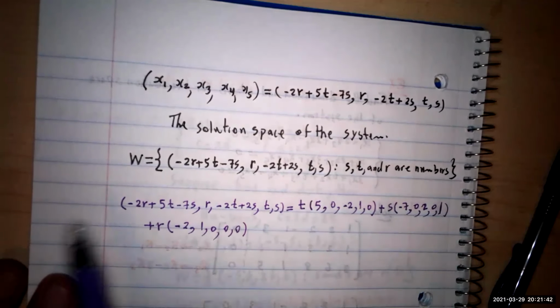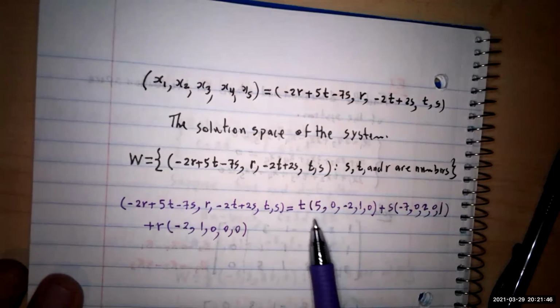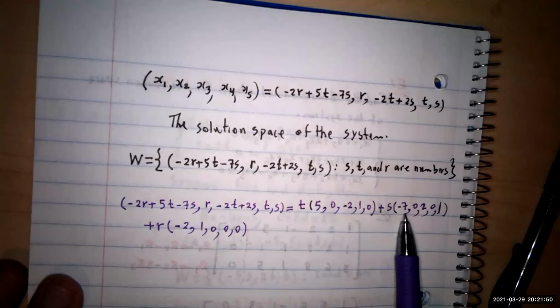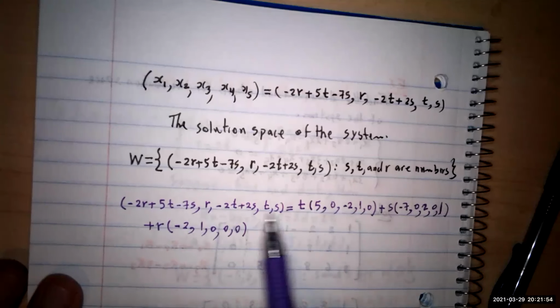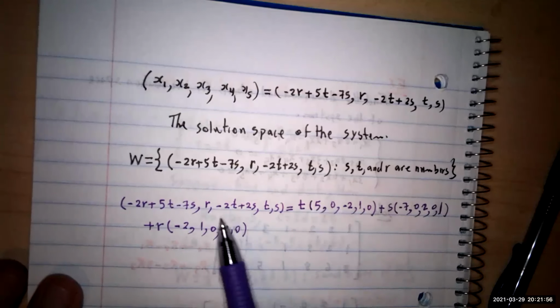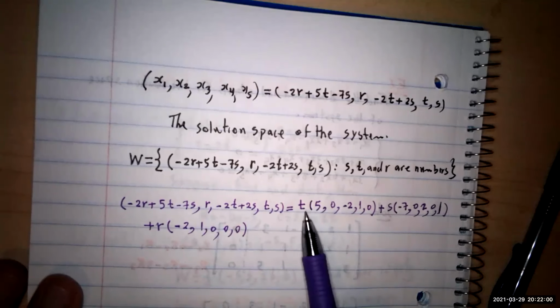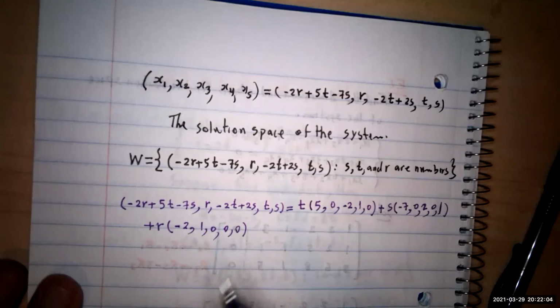If you add these together, you will automatically get this one right away. You see the first component, you get 5t minus 7s minus 2r. And the second component, the same thing. And the fourth one, for example, gives you t here. Everything else is going to be 0.